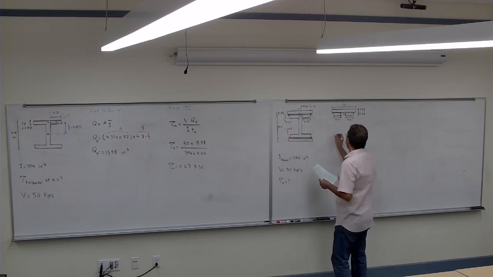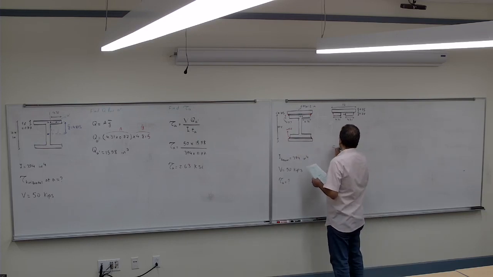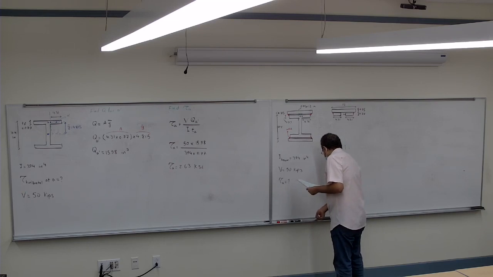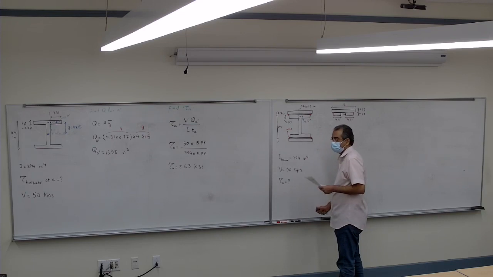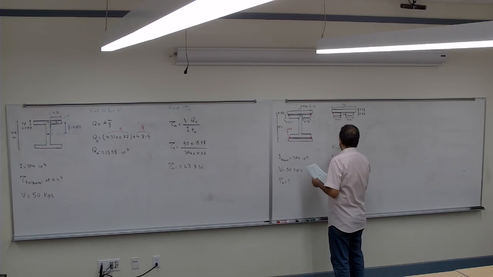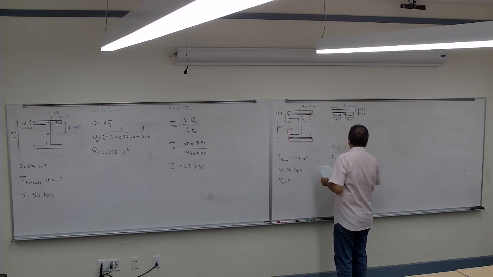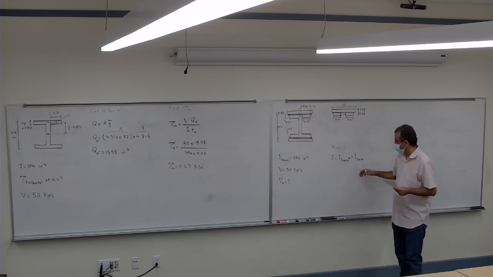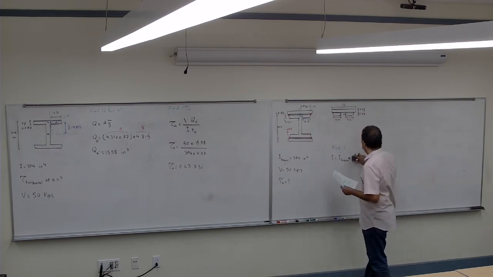Okay. So find I. The I would be I of the beam plus 2 times the I of the plates, so I of the beam plus 2 I for the plates.